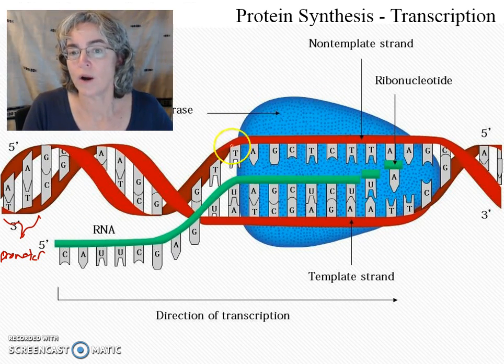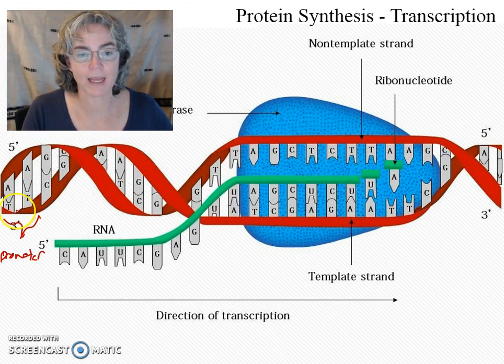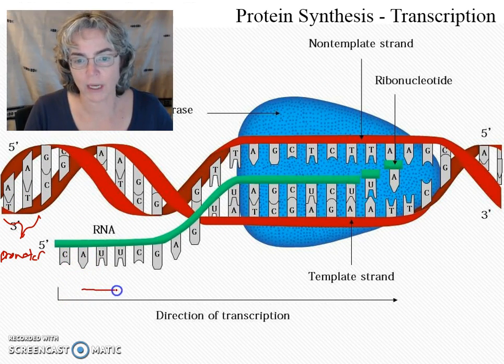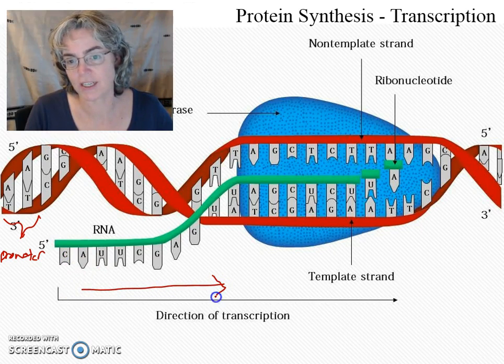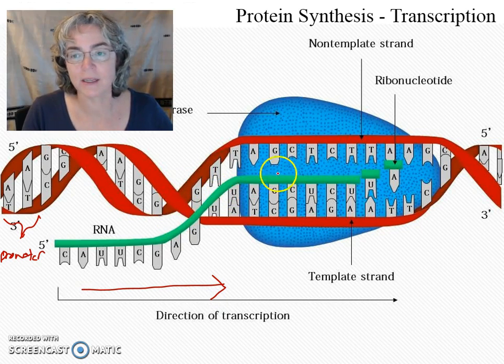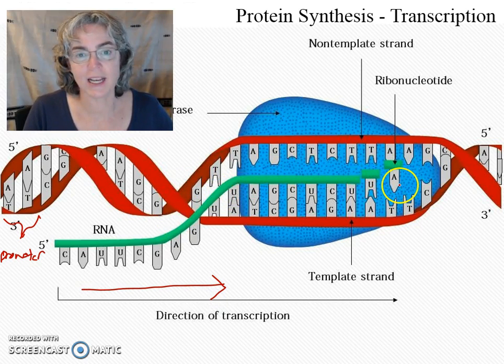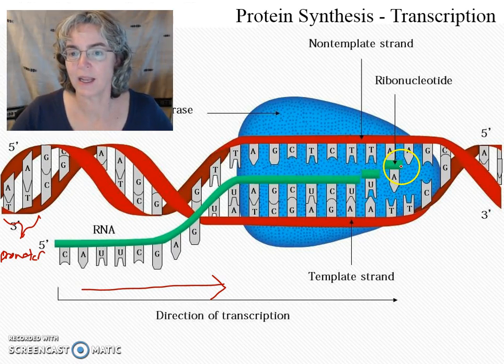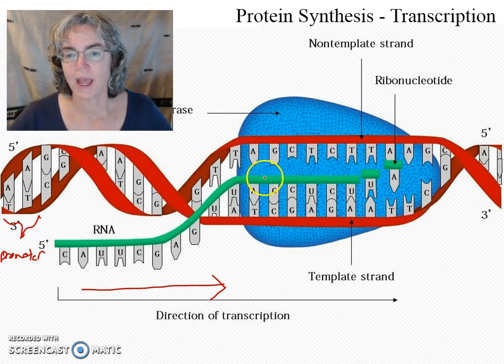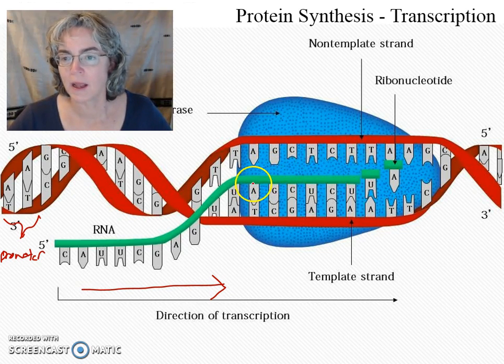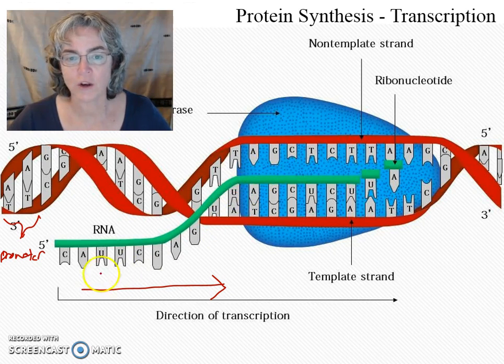So our RNA polymerase started way back here and is going in that direction, unzipping the DNA double helix as it's going, and creating an RNA chain using this template of nucleotides.